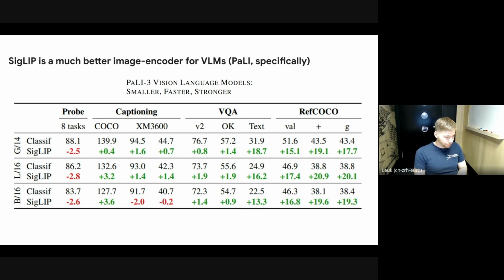In the first two versions and papers of Pali, the image embedding model was always based on the best image embedding model we had at that time, which was always pre-trained in the classification way on the internal JFT data.